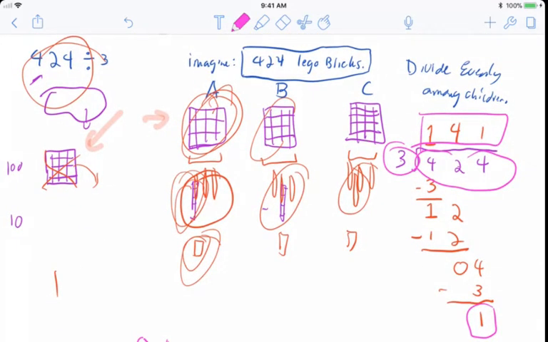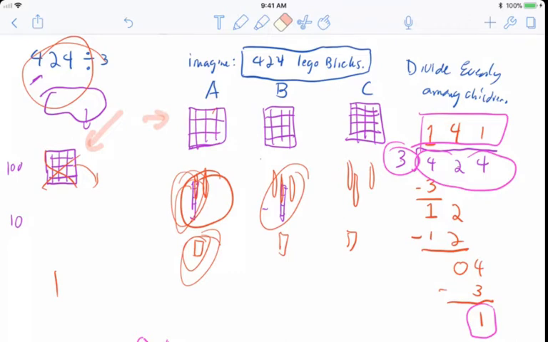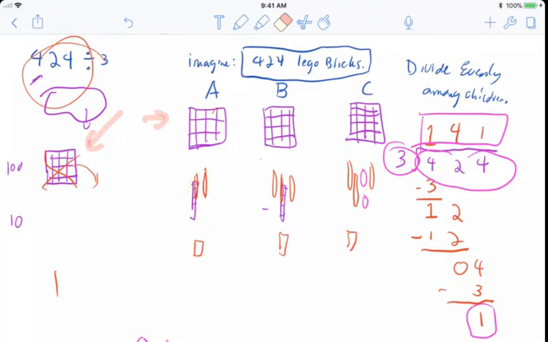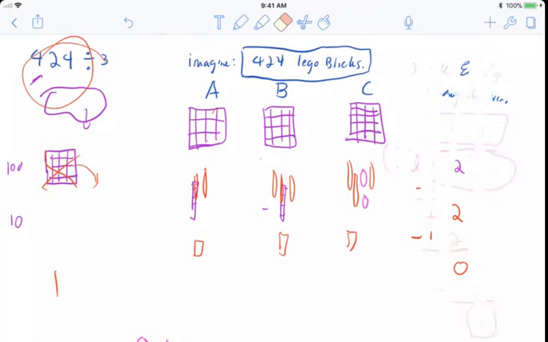I have drawn circles all over this. Give me a second to clean this up a little bit. Okay. So, in terms of Lego blocks, and let's see, there was one remaining.